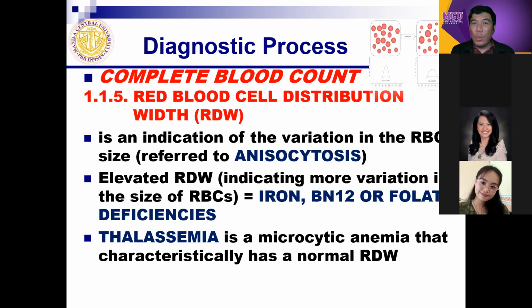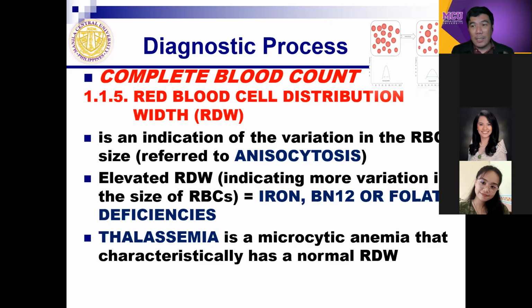The RDW, or what we call red blood cell distribution width. When we say red blood cell distribution width, compared to the mean corpuscular volume, which measures the size, okay?